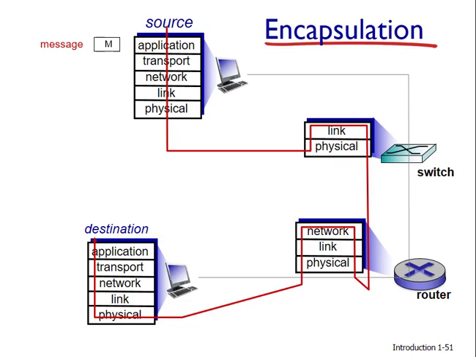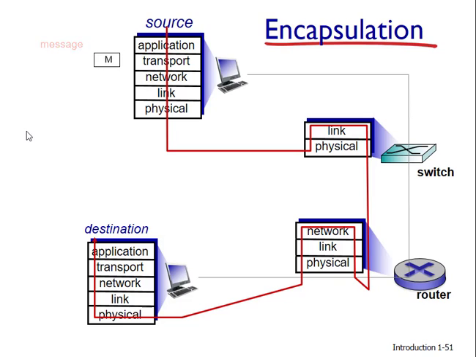Note that hosts or end systems implement all 5 layers. This is consistent with the view that the Internet architecture puts much of its complexity at the edges of the network. This slide also illustrates the important concept of encapsulation. At the sending host, an application layer message is passed to the transport layer.